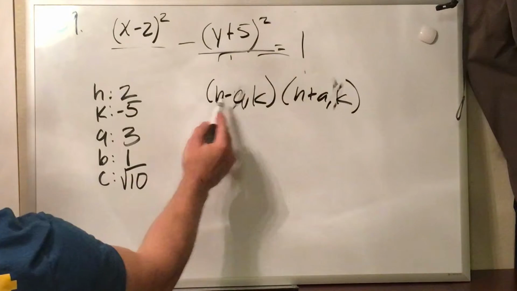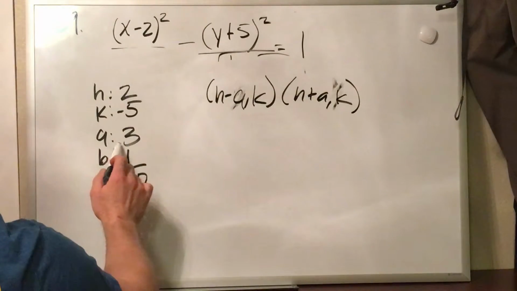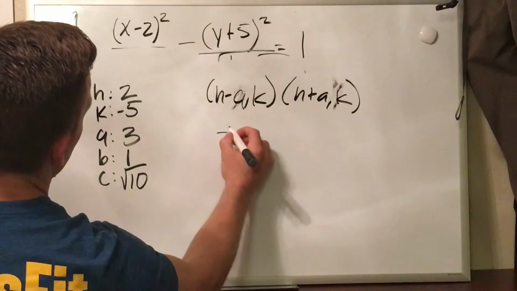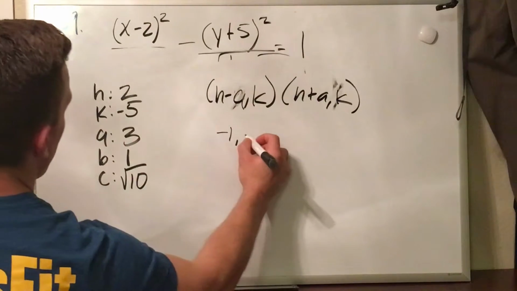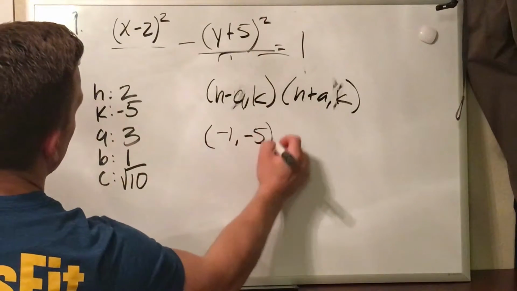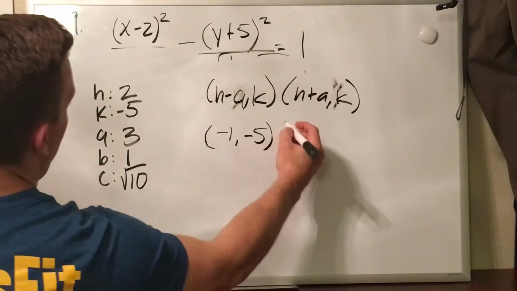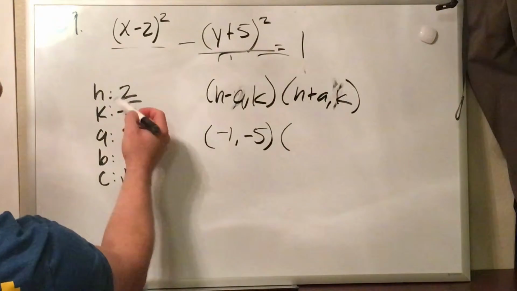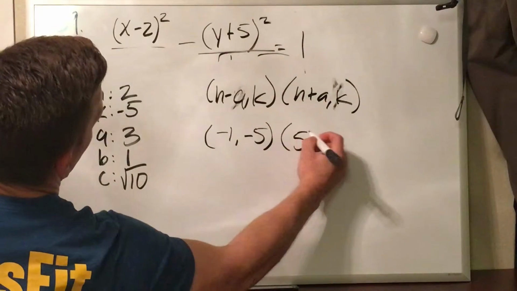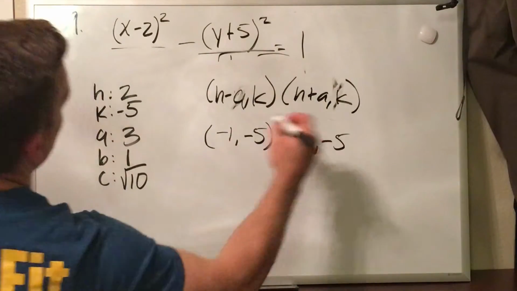So if we do that, we have 2 minus 3 gives us negative 1. We know that k is negative 5. That gives us one of our vertices. h plus a is going to be 2 plus 3, so we'll have a positive 5, negative 5.